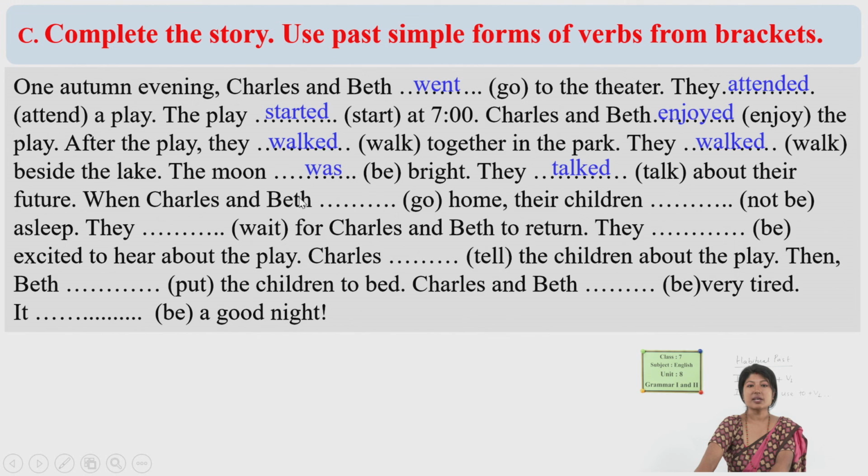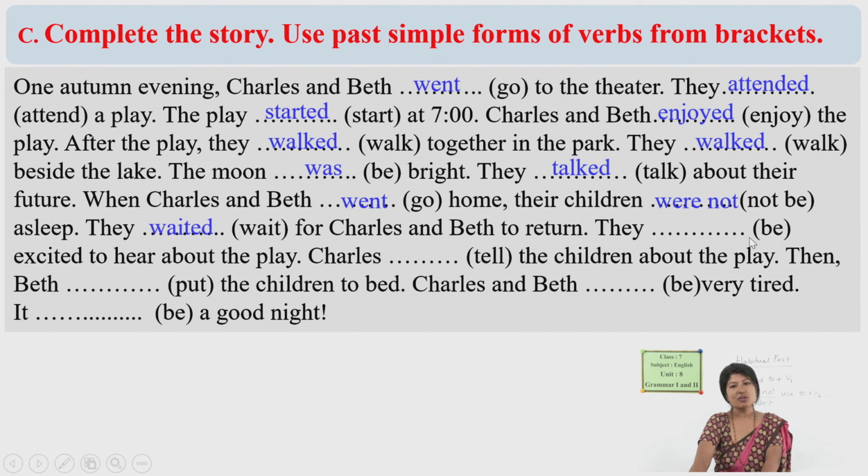When Charles and Beth go, past form went, again, went home, their children not be were not asleep. They wait, past form, waited for Charles and Beth to return. They, B form again. What is your guess? Come on, guess it. They were excited to hear about the play.